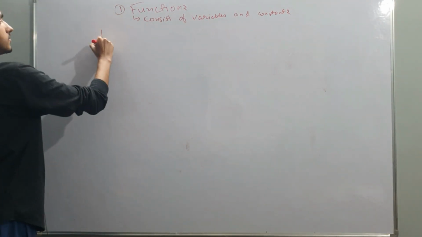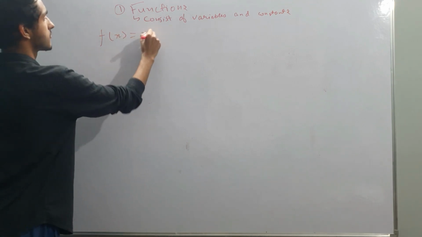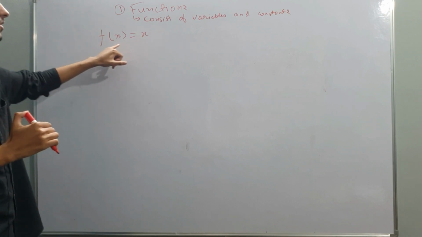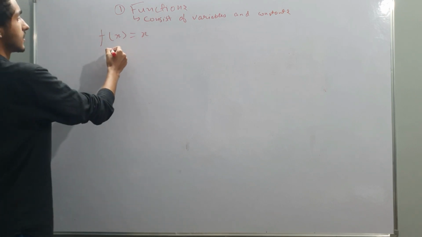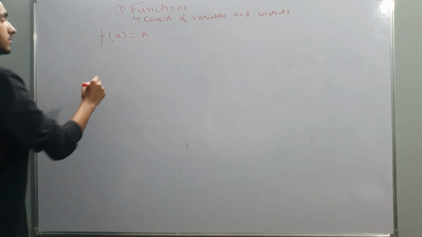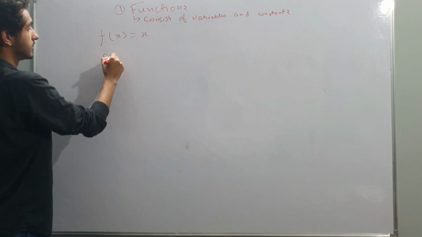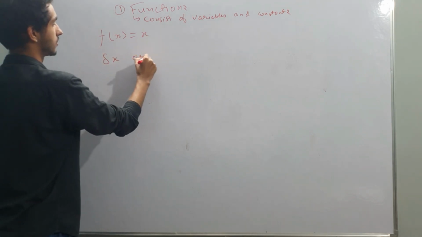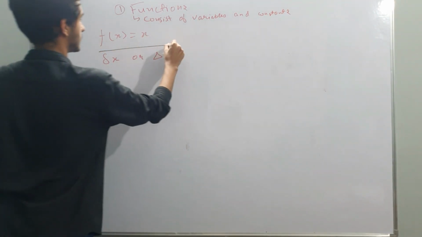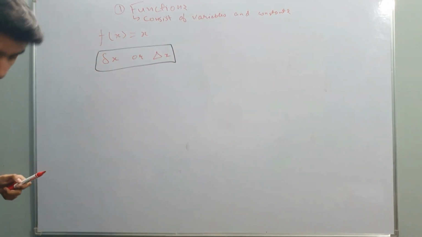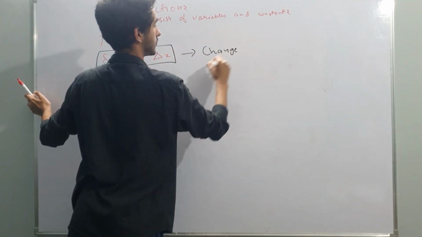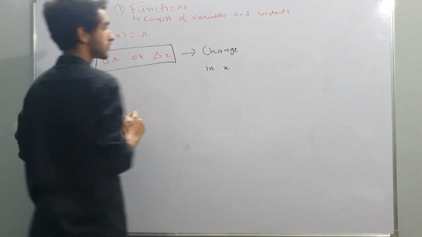So let's take the general form of a function again. So if you actually see at the function, when x varies, so will the value of the function. That means if x is changing, y would also change. And you can denote the change in x by delta x, or you can highlight this point. And this actually tells us change in x.